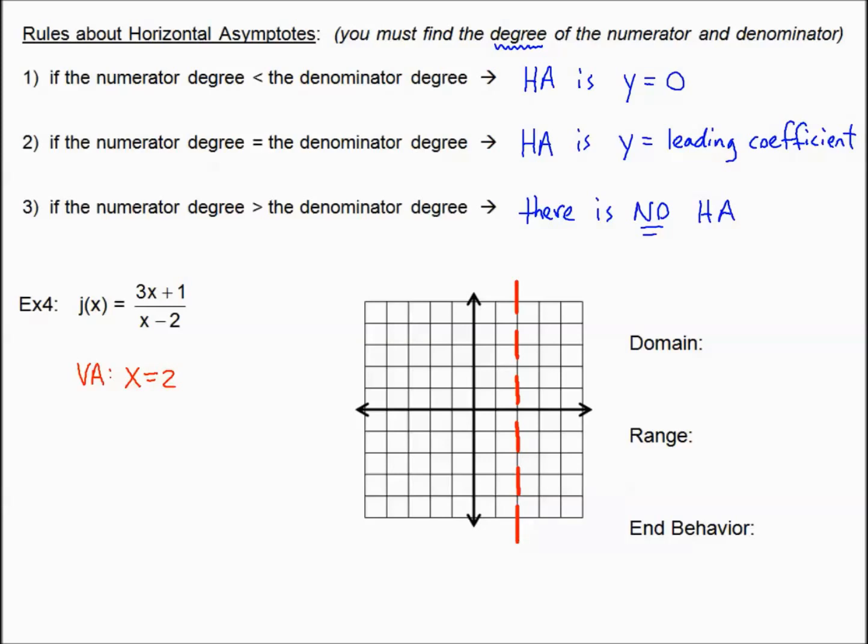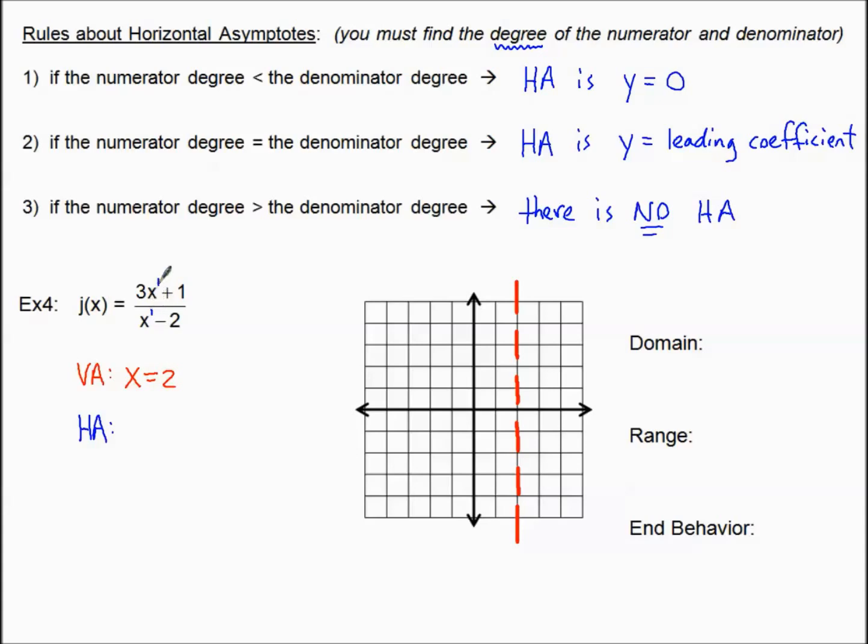Now let's worry about our horizontal asymptote. Like I said, the horizontal asymptote depends on the degrees. We need to see if the numerator's degree is less, equal, or greater. The numerator's degree is 1. Again, it's always the highest of the exponents that you see, and in this case it's a 1. The denominator's degree is also 1.